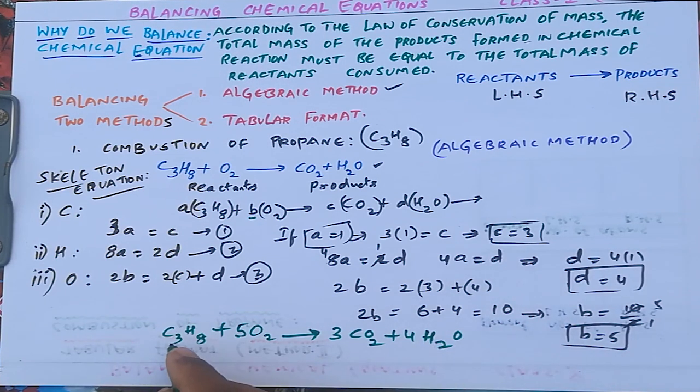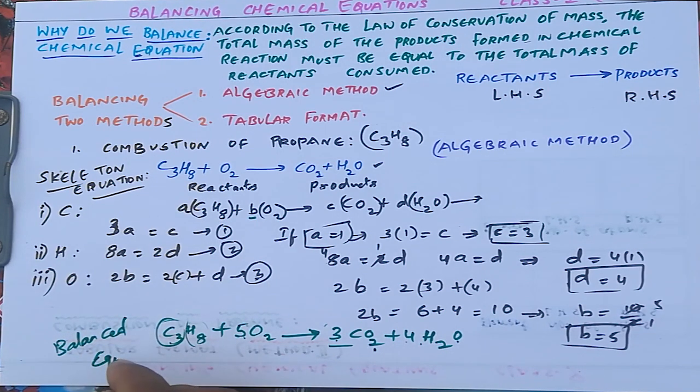That means 1 mole of propane after combustion gives 3 moles of carbon dioxide. If you check, carbons are 3 here, so 3 carbons balanced, and hydrogen here is 8, 4 2s are 8 here also, and oxygen 5 2s are 10, here 3 2s are 6 plus 4, so 10. So this is a balanced chemical equation.